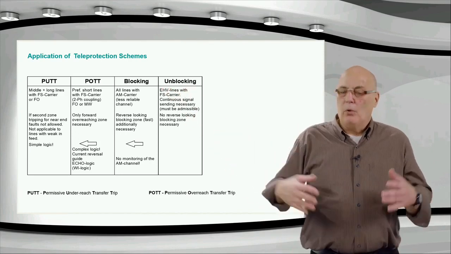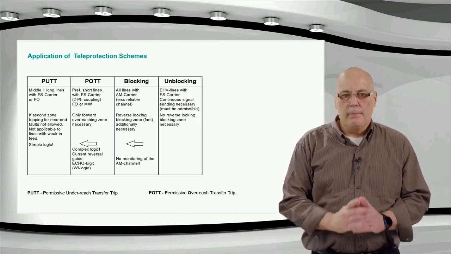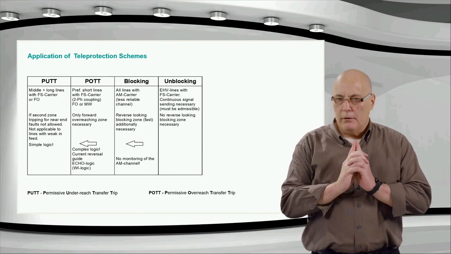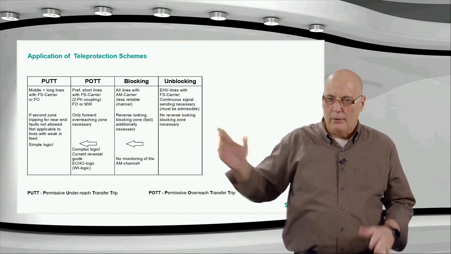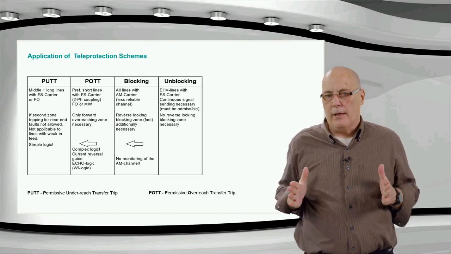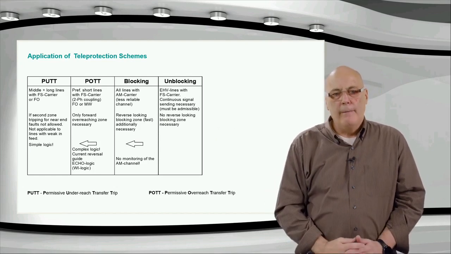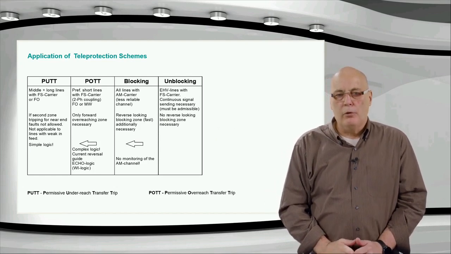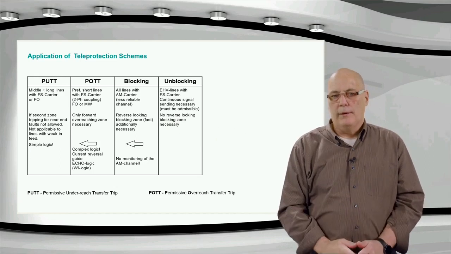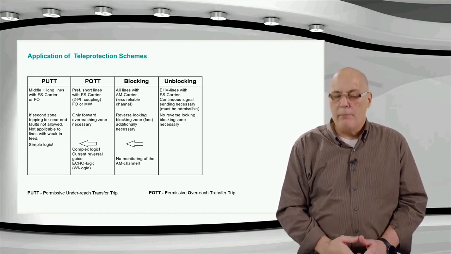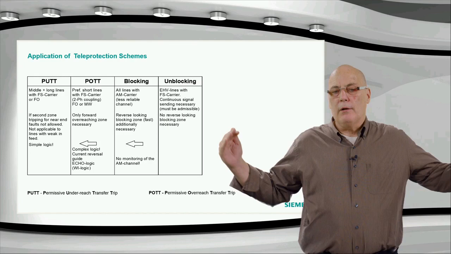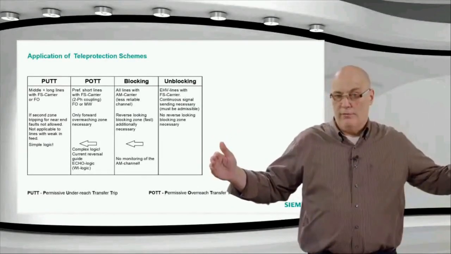But with the frequency shift carrier, you can be dependable that you will get through the fault. Also, if you couple the carrier onto 2 phases, it gives you a better coupling of your carrier signal to the line. You'll get a dependable signal through the line, even if it's faulted. It will work on short lines. Why? Because you're using an overreaching zone to send. You will send also on external faults.